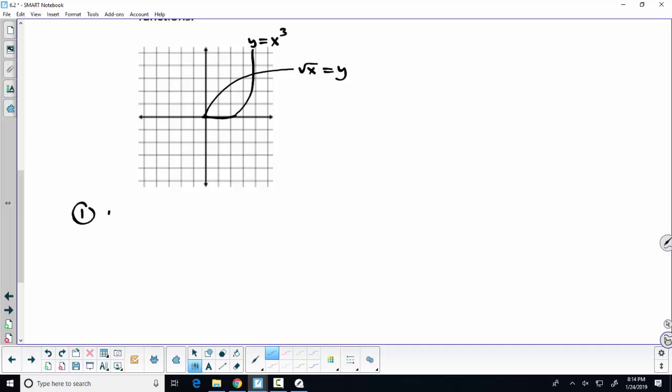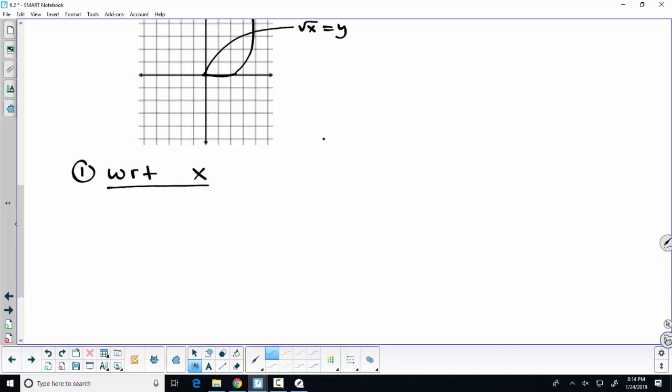Okay, with respect to x, go ahead and draw our picture over again. We have our square root and cube root.